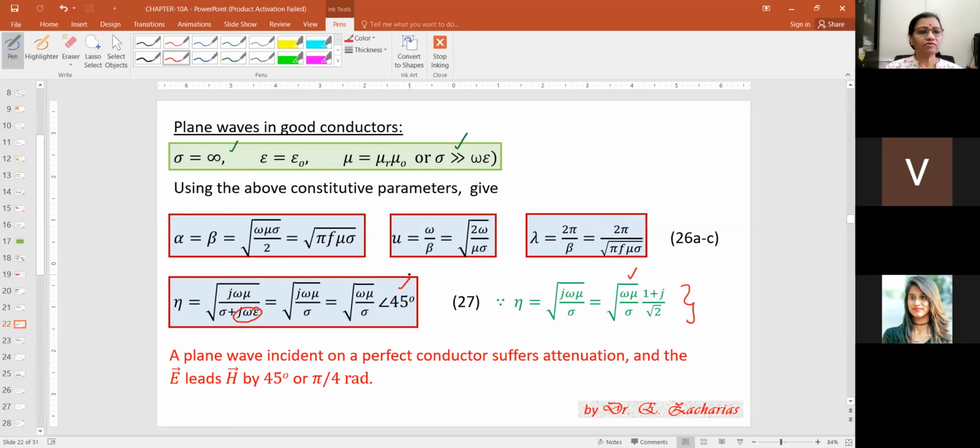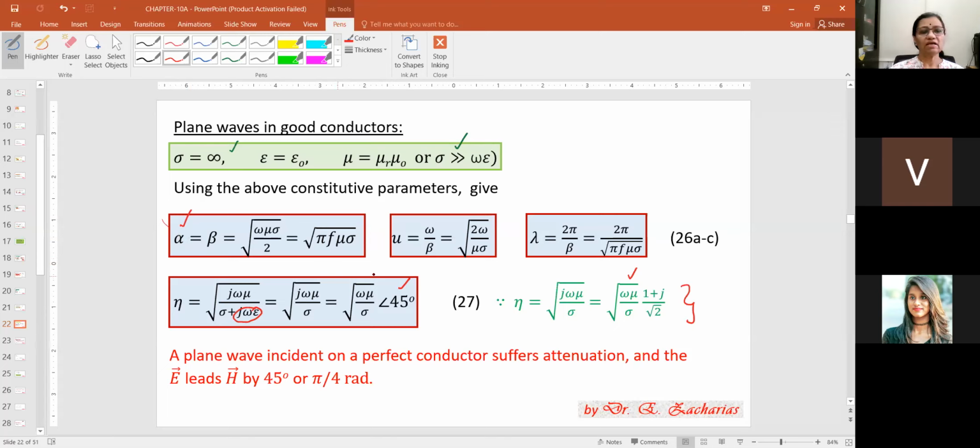Where does this happen? This will happen only when an electromagnetic wave meets a good conducting medium. You will find that there is an attenuation. You see here, alpha is equal to beta, so that means there is an attenuation.